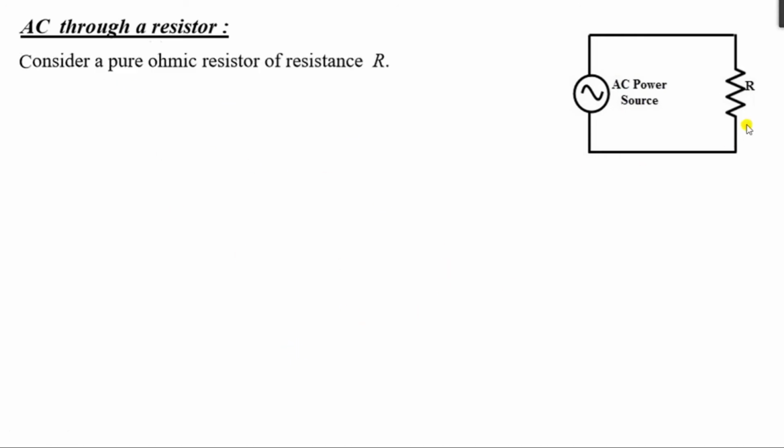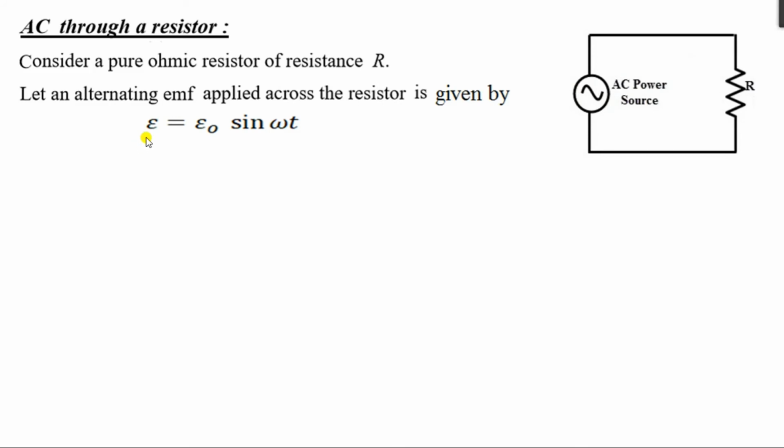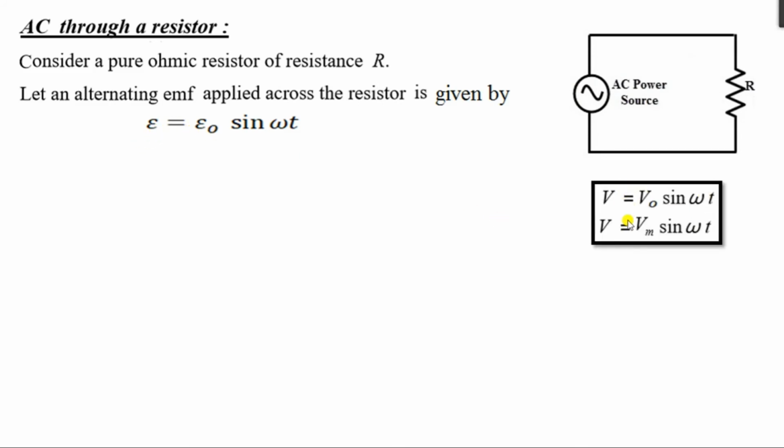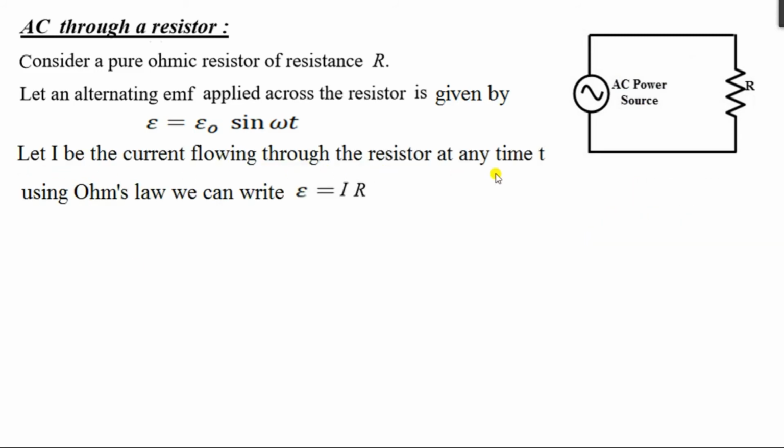We are considering a circuit with a resistor and we are applying an AC voltage, given by E = E0 sin ωt. In some books they may use V = V0 sin ωt, or V = Vm sin ωt, where V0 or Vm is the peak value. Please don't get confused by this. Let I be the current at any time t.